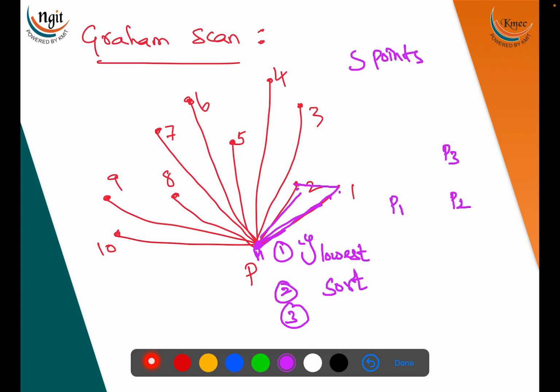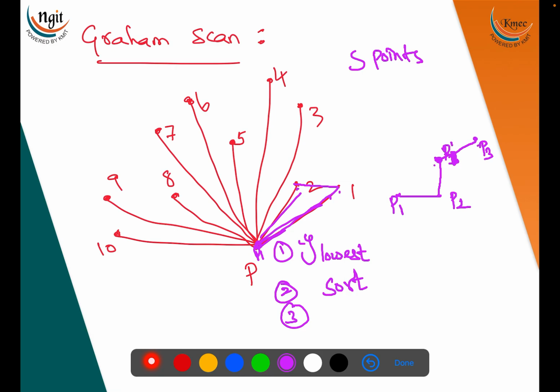Now let's assume that I have P1 and P2 and here I have some P3. After I join P1 to P2, again I have to turn to the right side, and once I join this, again I have to turn to the right side. Whereas if I turn to this side, it will not be in the convex hull.